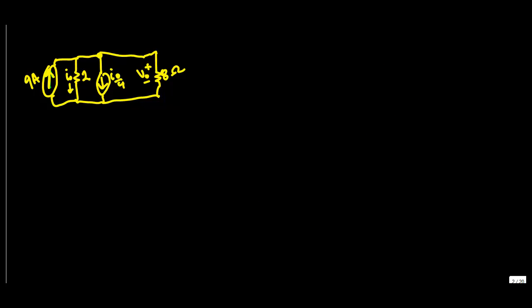Okay, so the way that I think about this is I need to redraw it first. That's the very first thing. What do I know about this problem? Well, we know that there's a 9 amp source going in some direction. We'll define it as this way, but it's going in, so it could be like the source current.